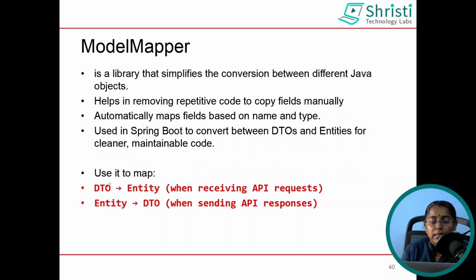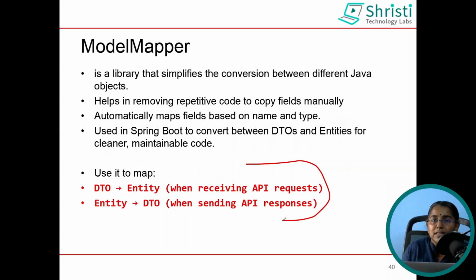In case of Spring Boot, ModelMapper is used for converting your DTOs into entities and entities back into DTO. These conversions happen only in the service layer. You should not do the conversion in the controller. When a client sends a request, it enters into the controller class as a DTO object. From the controller to the service, again it goes as a DTO object only.